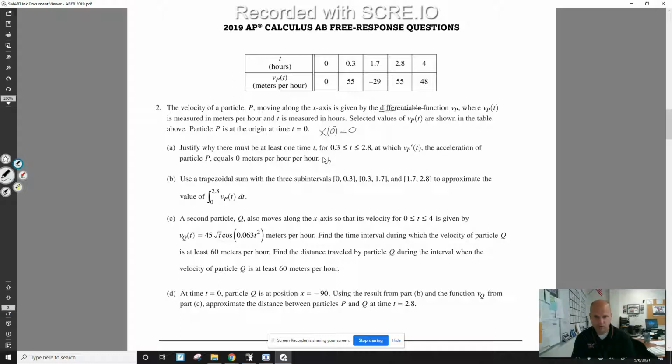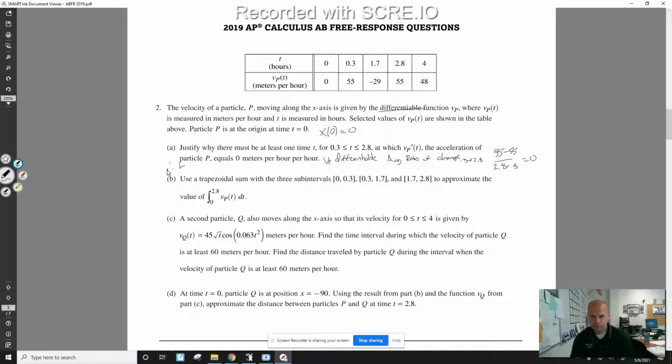So v of t is differentiable. And the average rate of change from 0.3 to 2.8 is 55 minus 55 over 2.8 minus 0.3, which is 0.